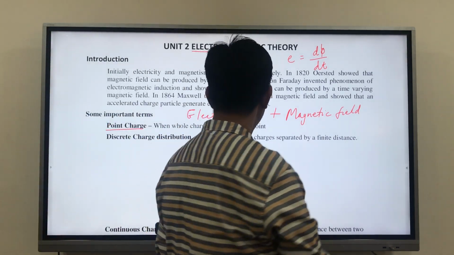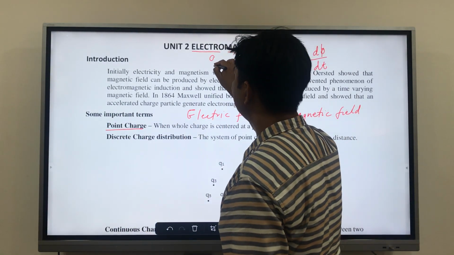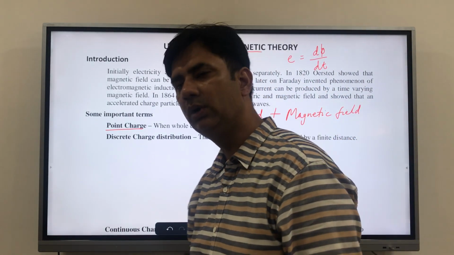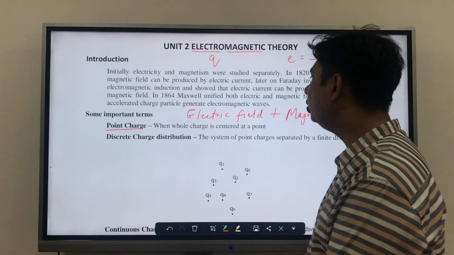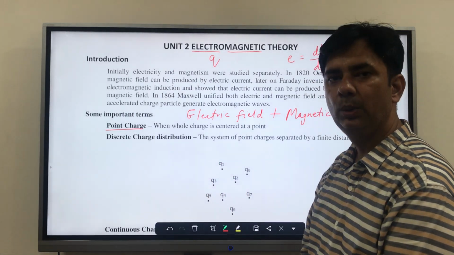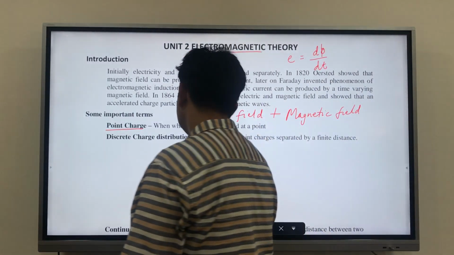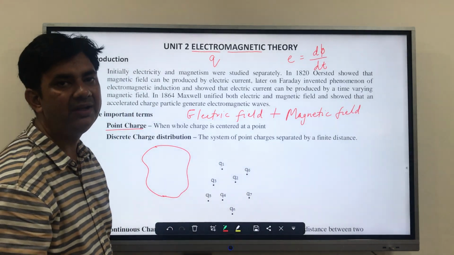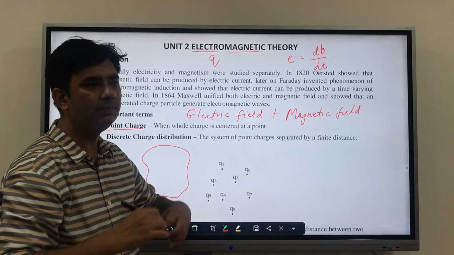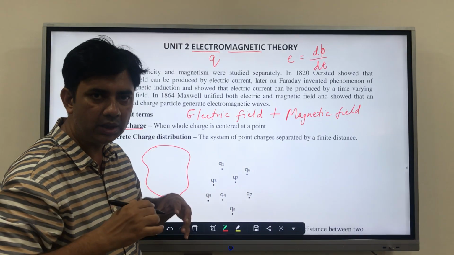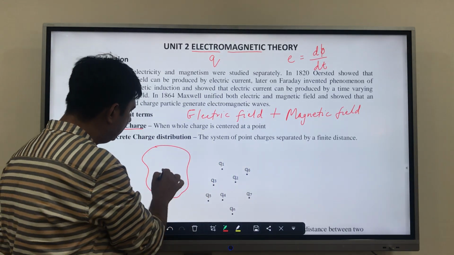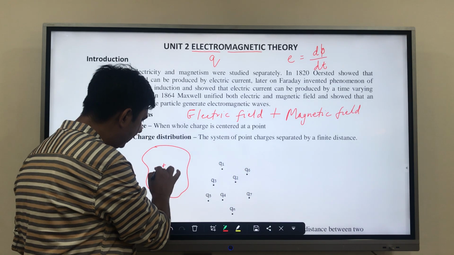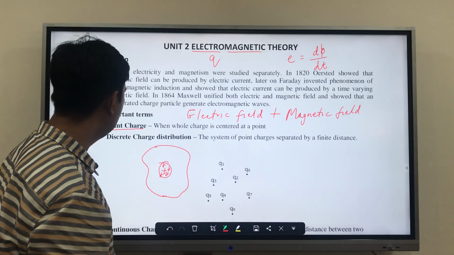We all know that charge can be written as Q. When we have an arbitrary body and consider that the whole charge of the body is centered at one particular point, that is called a point charge.